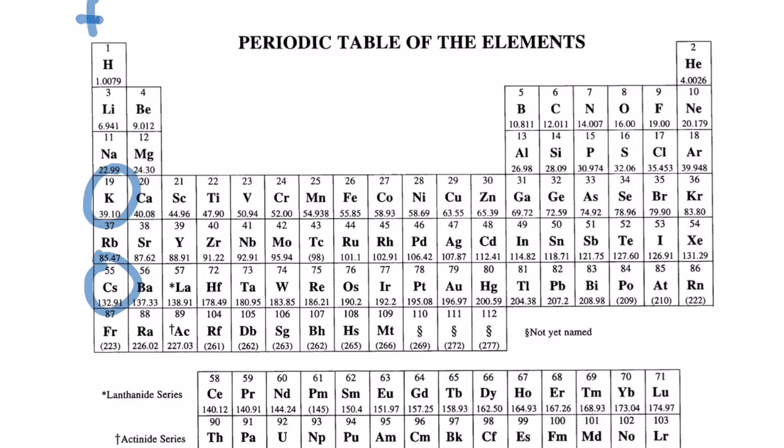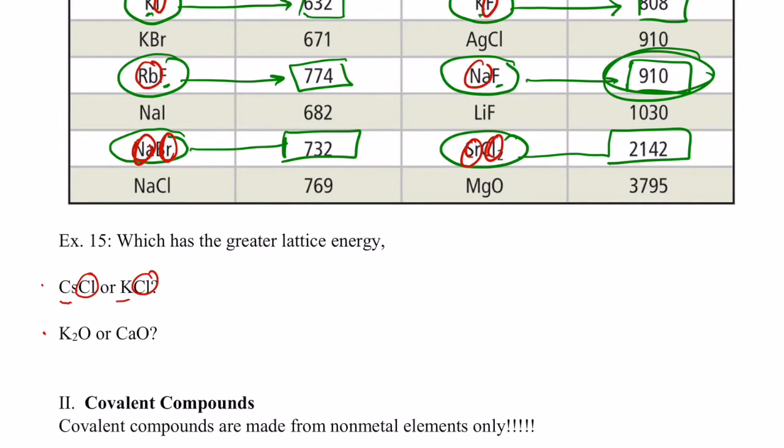It looks like they're both +1, so we can ignore the charge. However, doesn't potassium have 2 fewer energy levels? It's the smaller ion. So my choice would be potassium chloride having the higher lattice energy, and therefore the higher melting and higher boiling points.